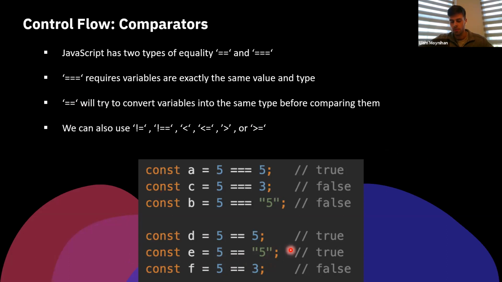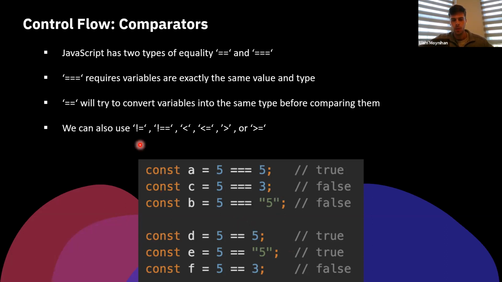You get some weird problems that pop up because of this, where the way JavaScript turns them into types can sometimes be unexpected. We're not going to go super in depth with it, but just know that this can pop up and it is a source of bugs sometimes.